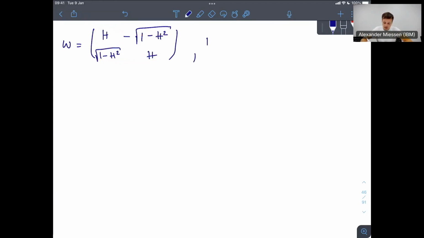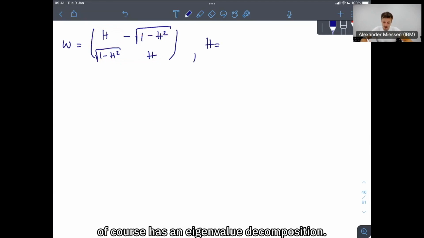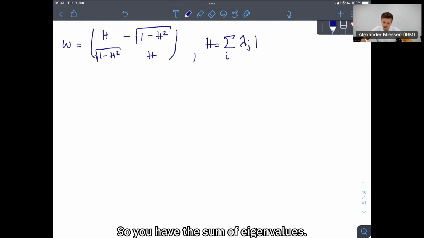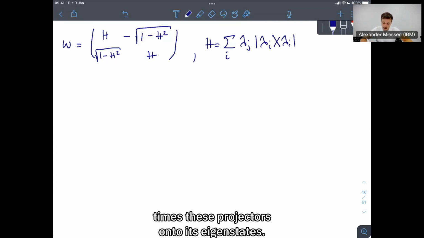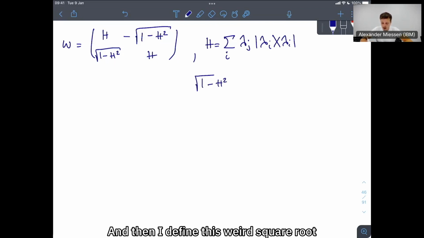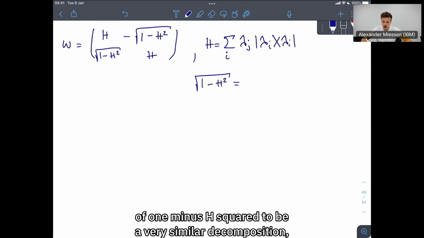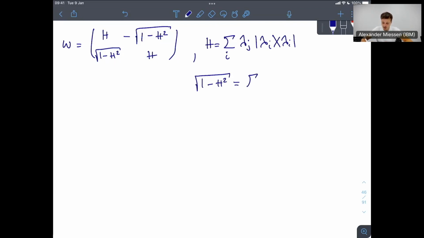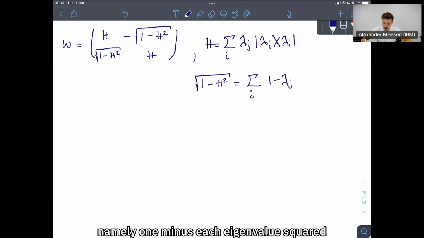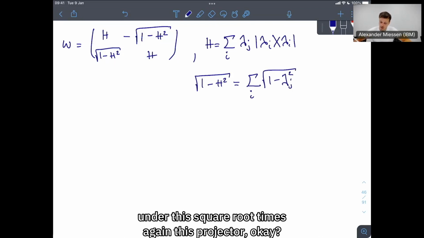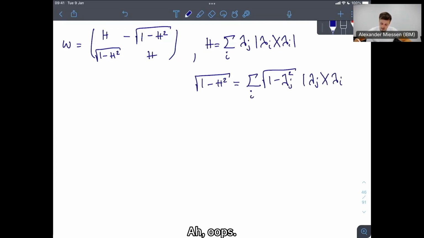And specifically, we have here that H, of course, has an eigenvalue decomposition. So you have the sum of all eigenvalues of the Hamiltonian times these projectors onto its eigenstates. And then I define this weird square root of 1 minus H squared to be a very similar decomposition, namely 1 minus each eigenvalue squared under this square root times, again, this projector, okay? Oops, I noticed that I used a j here.